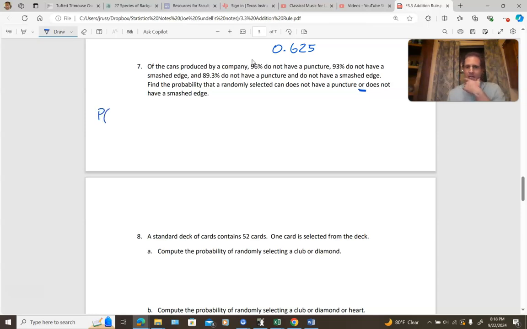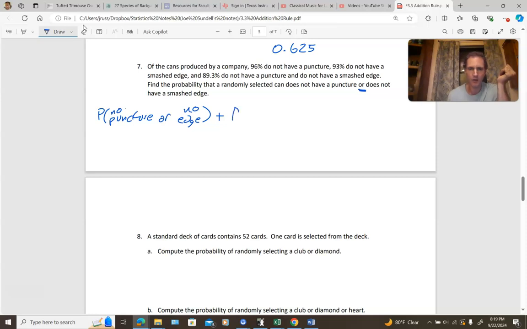So the probability, how should I word this? That the can doesn't have a puncture, or doesn't have, or actually, let me just say no puncture or no smashed edge. I'm just going to put edge for short.